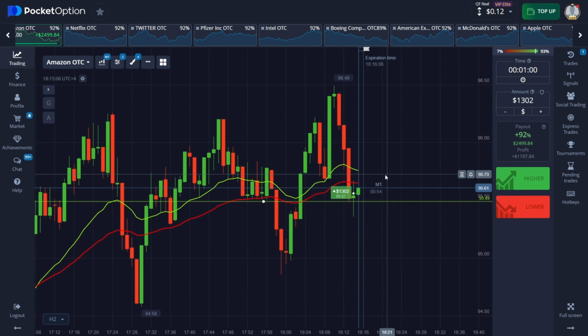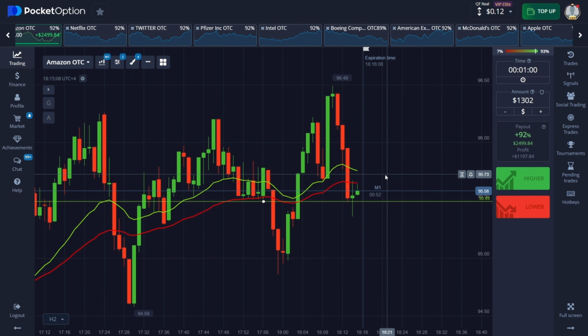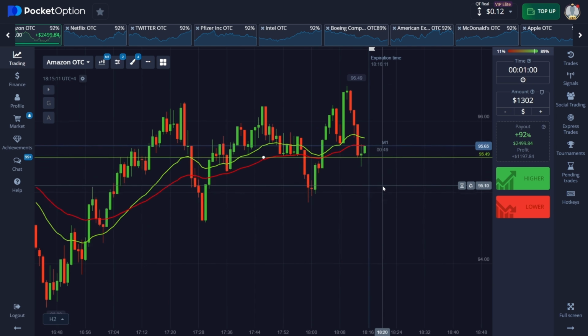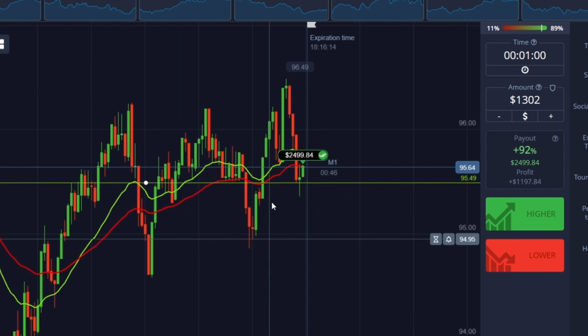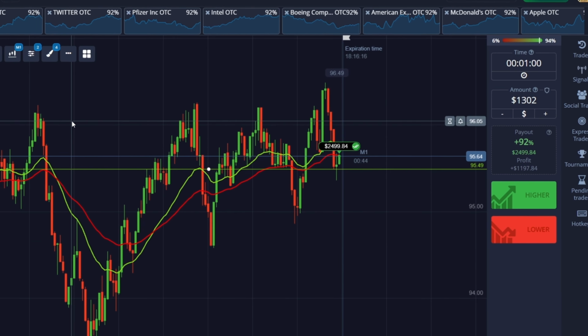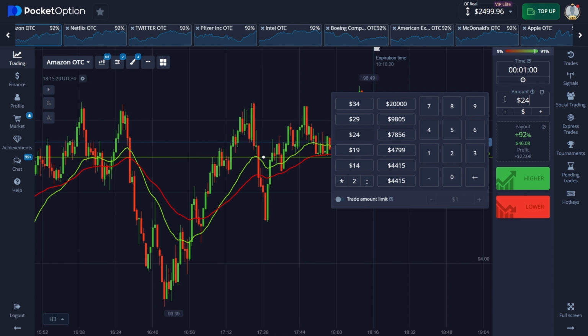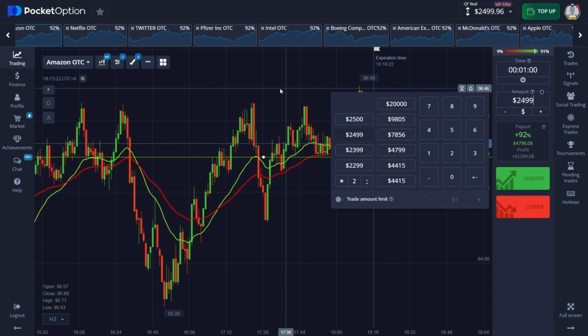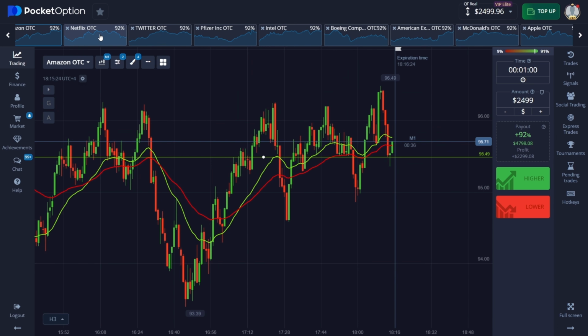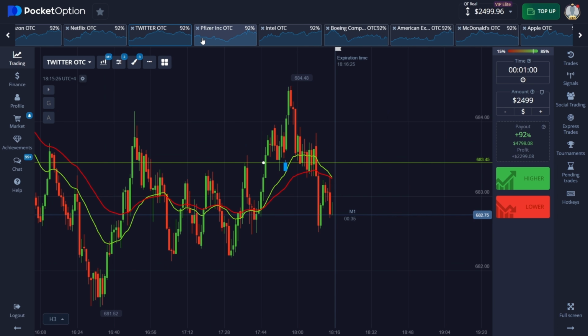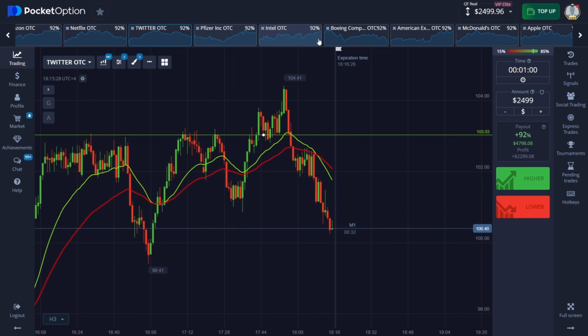Only 2 or 3 seconds left. And it's a win. We won another trade. Now my balance is $2,499 from just $50. We are still a bit away from our target. My target is $5,000, so we just need one more trade.